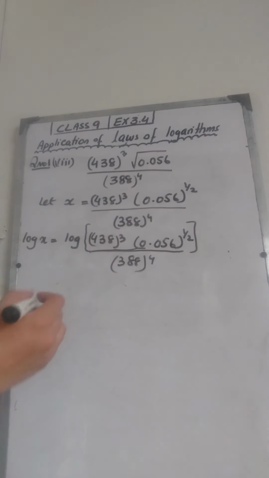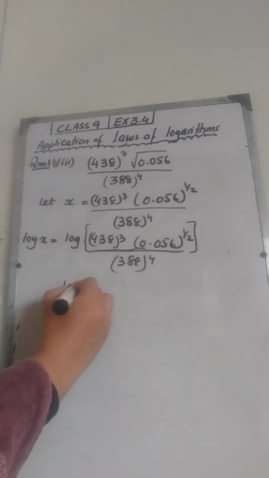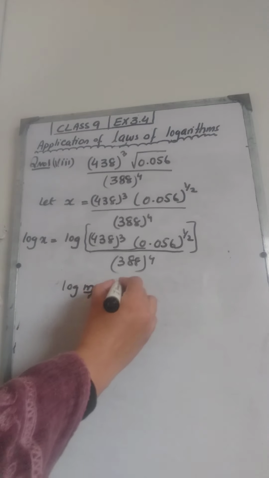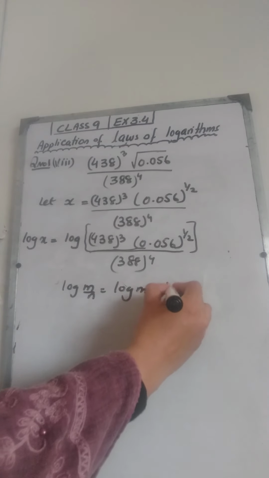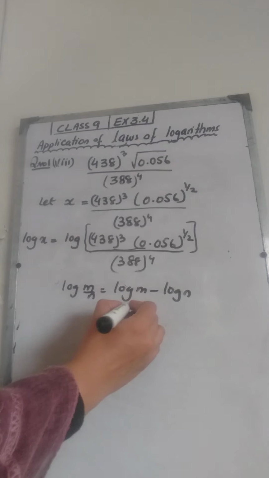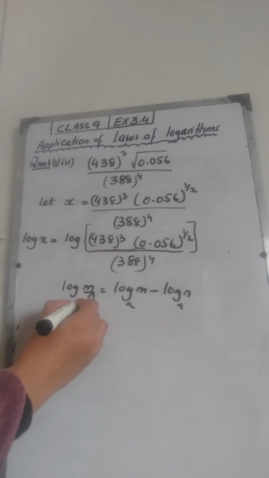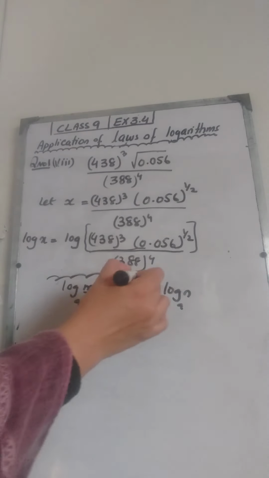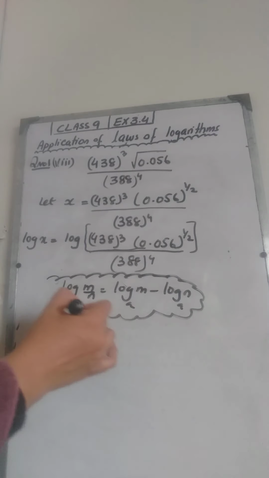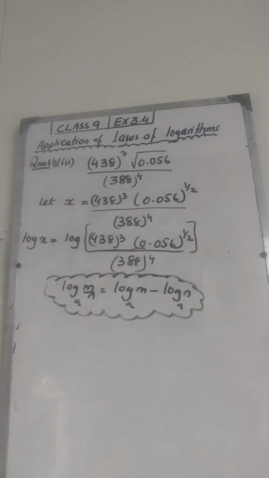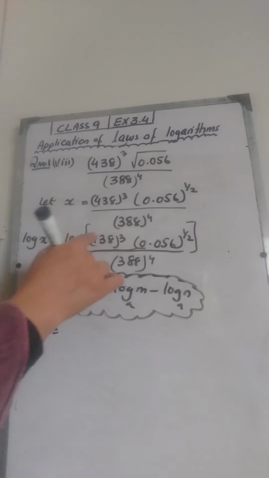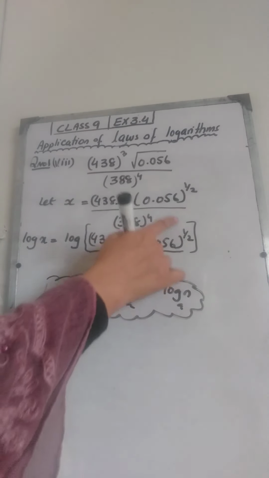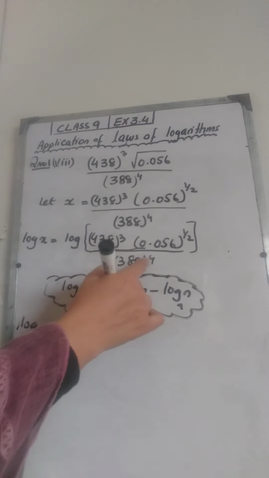After applying the logarithmic law, log of m over n is equal to log of m minus log of n to any base a. As we are considering base 10 here, it's okay if you don't put the 10. It is understood that the base is 10. Now log of x will be equal to log of this whole number in the numerator, which is m, minus log of the number in the denominator, which is n.